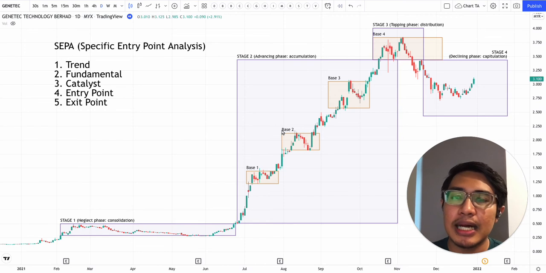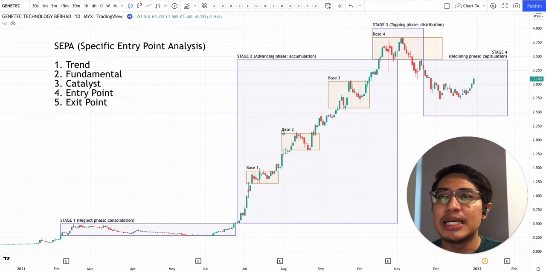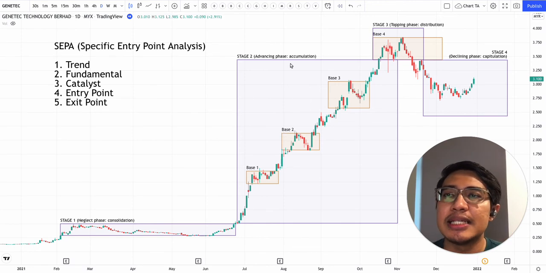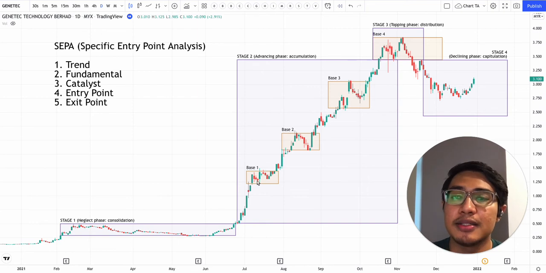Second thing, under the same topic of trend, is basically to select a good counter, to select the super performance counter. Mark Minervini likes to screen counters, he likes to filter counters, he likes to see counters that are within stage two, right? Or just broke from stage one, entering stage two.